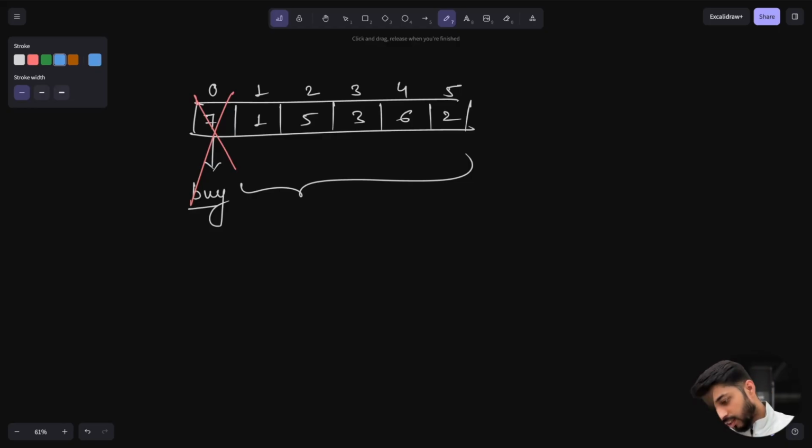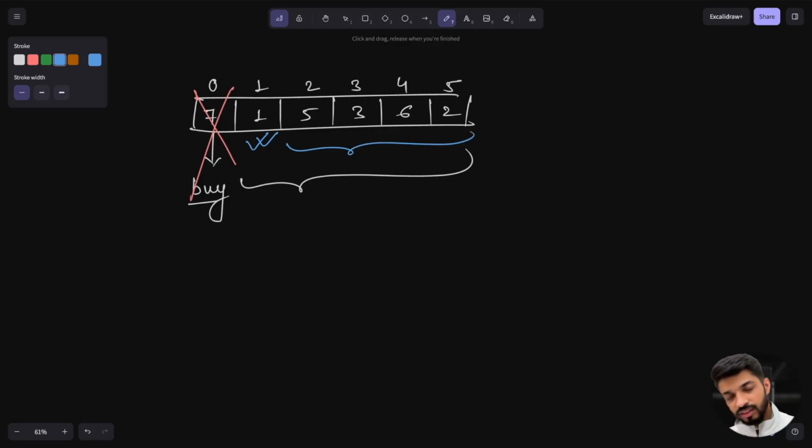What next? If you are not buying on day zero, then you'll be buying it on day one. If you buy on day one, then you need to check when in the future you can sell that stock. So if you buy on day one with price one and sell it on day two with price five, then the profit will be four.